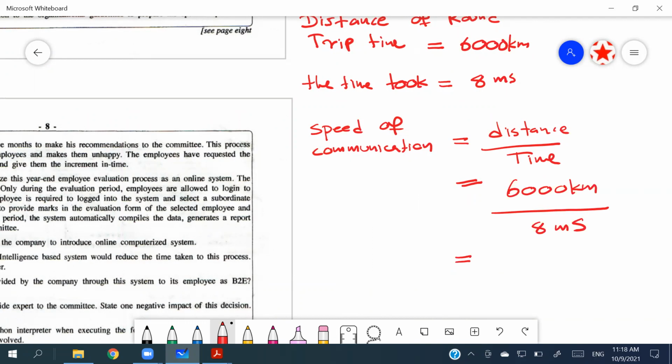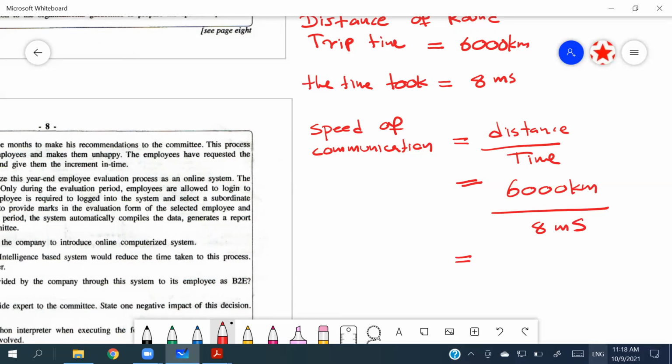Right? So you have to figure out this speed using the speed unit of light. Light speed is given as 300,000 kilometers per second. Why is it provided in the question? Because it is the fastest way to communicate, the highest speed.